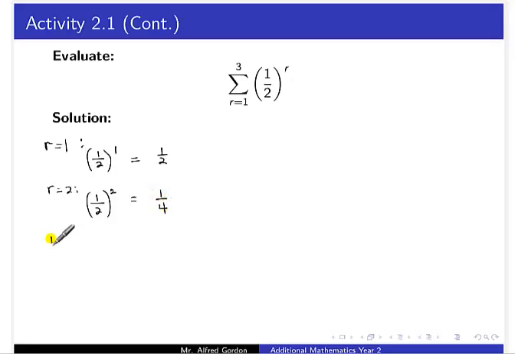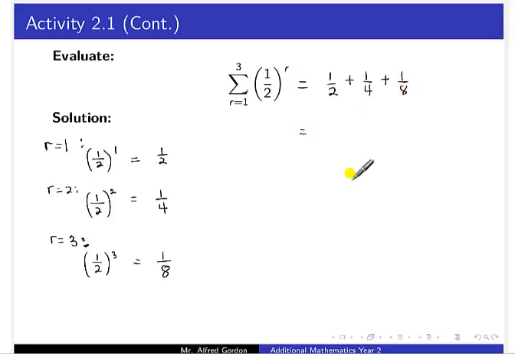And when r is equal to 3, we have 1 on 2 to the power 3, which gives us 1 on 8. So our summation that we see here is nothing but a half for when r is 1, plus 1 on 4, plus 1 on 8.